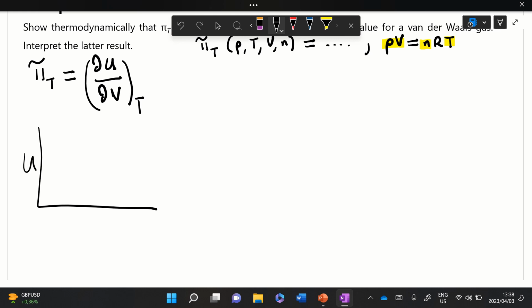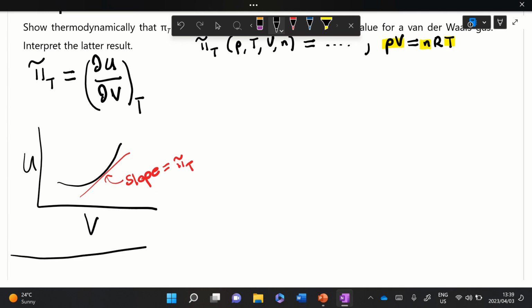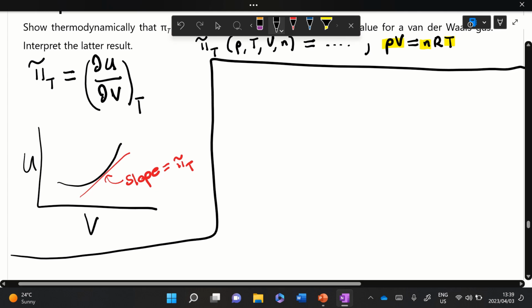The slope of this line would be equal to π_T. That's what we need to do at the moment, but we want to find some way of calculating that directly from pressure, temperature, volume, and number of moles for certain gases. That's what we want to try to do in this example.